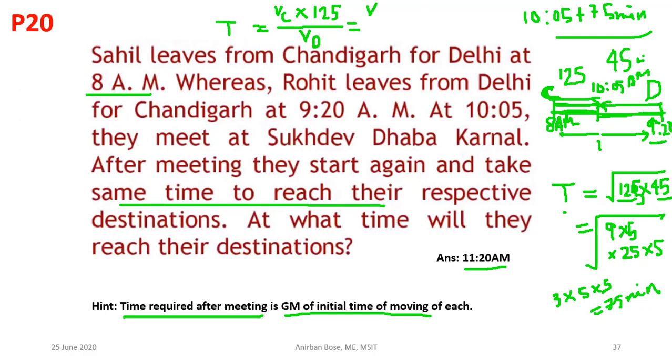So velocity of Rohit into 45 minutes divided by the time taken by Sahil, which will be same as this T, so this is divided by VC. Okay, I think this particular equation will give you why it is the geometric mean of these two.